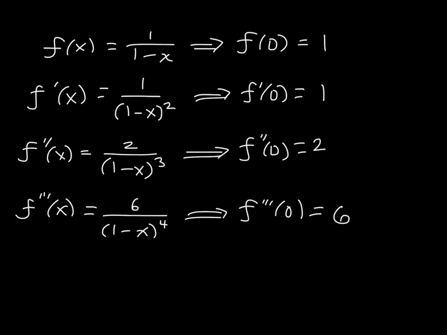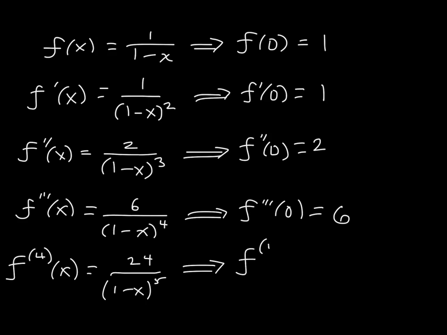Let's go one more. The fourth derivative of f is equal to 24 over 1 minus x raised to the power of 5, which implies that the fourth derivative of f evaluated at 0 is equal to 24. So I think you see the pattern here.